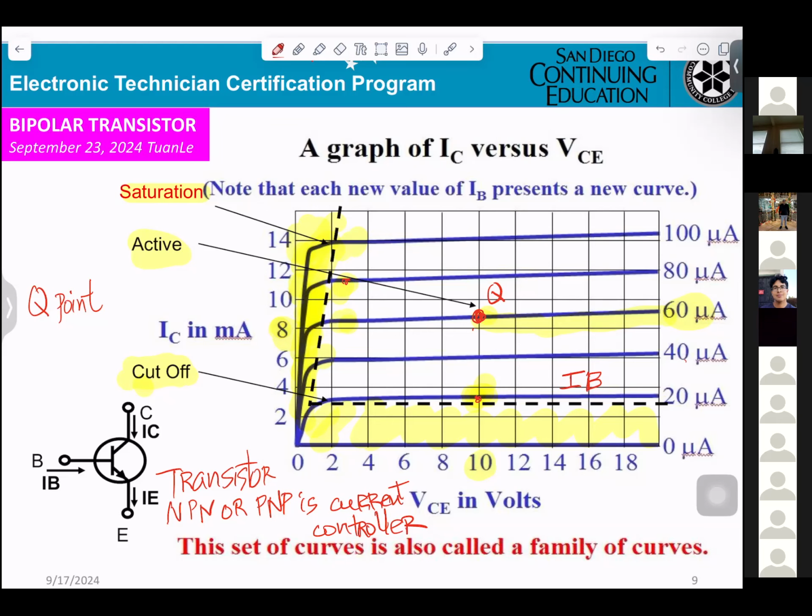Normally, when you interview for a job, they just ask you in general, the transistor is controlled by what, current or voltage? NPN is controlled by the current. That means you can change the current IB and everything will be changing.